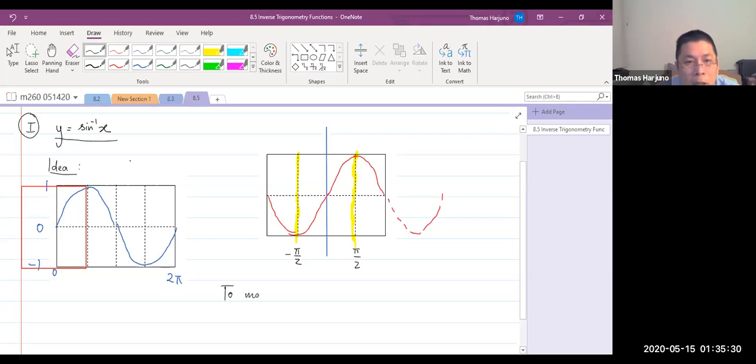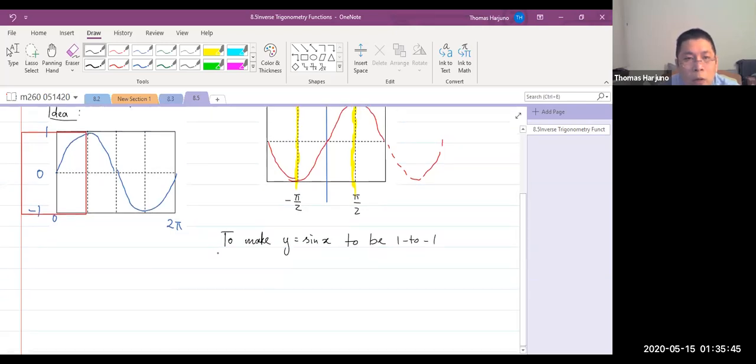To make y equals sine x one-to-one, by convention, those people who did math before us decided, you know what, we restrict the domain to negative pi over 2 to pi over 2.